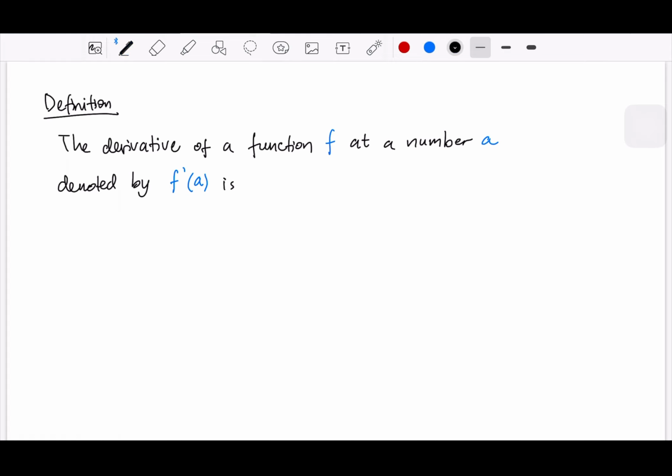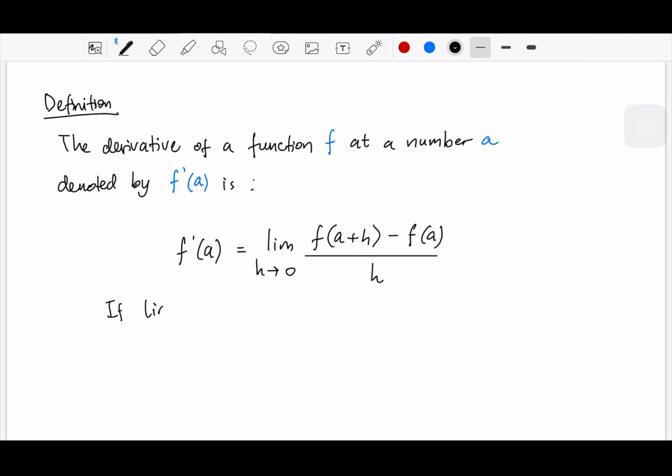So this is equal to f prime of a equals the limit as h approaches 0 of f(a + h) minus f(a), divided by h, of course if the limit exists. So that's the conclusion from what we have before.